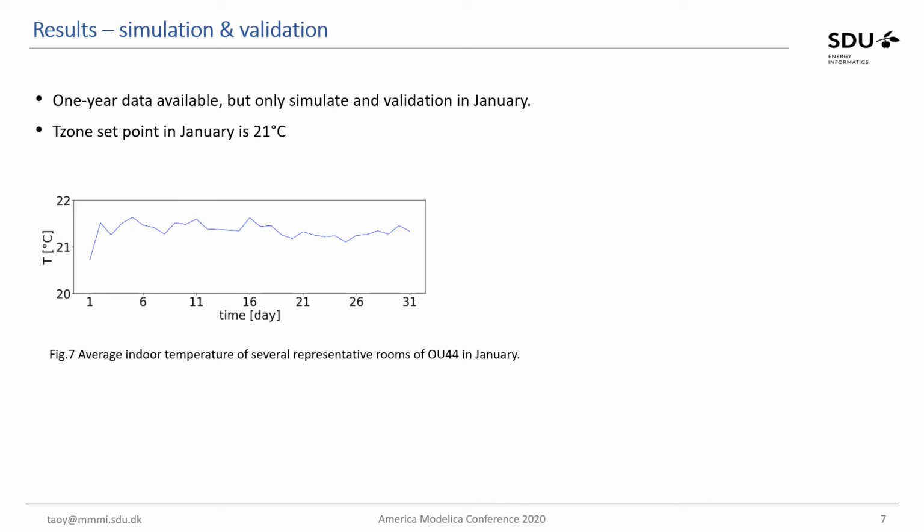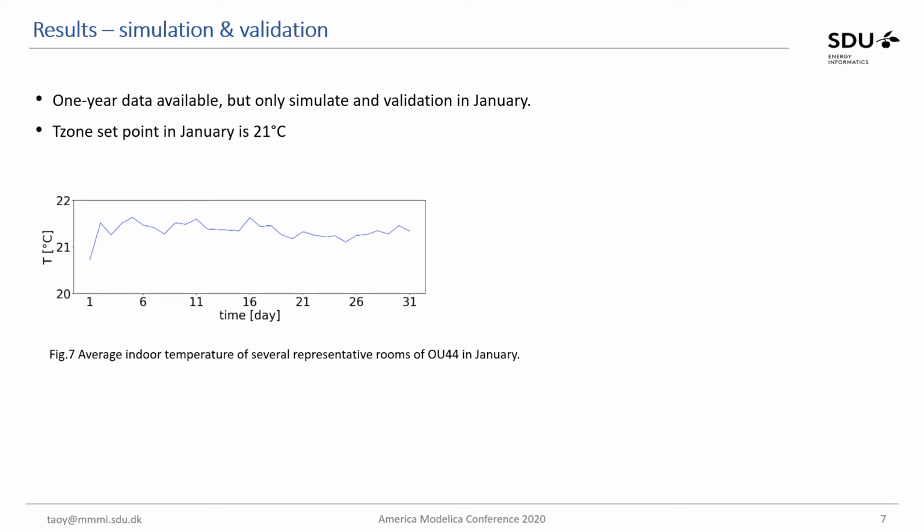So one question is how the indoor room temperature set point should be in this model. Then first I check the indoor temperature of the building measurement from several represented rooms, which is shown in this figure.